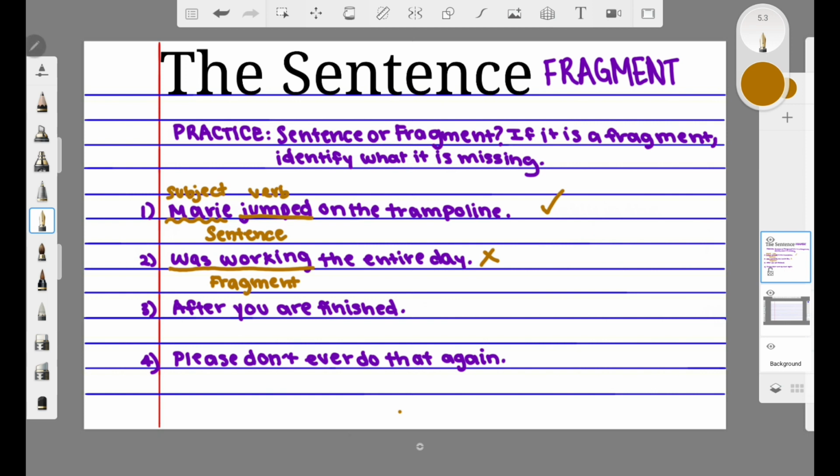Next, after you are finished. Okay, so start with the verb. Technically, we don't actually have a specific verb in this case because this is more of a phrase in the beginning of a sentence. Like after you are finished, for example, let's just try to add on and see what we're missing.